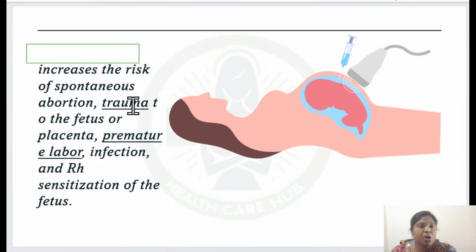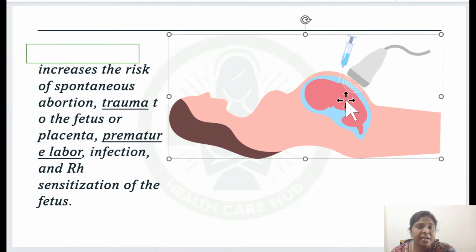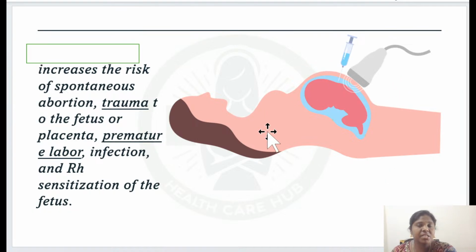Dash increases the risk of spontaneous abortion, trauma to the fetus or placenta, premature labor, infection and RH sensitization of the fetus. See here, you can see the image, right? Previously I showed this image for one particular procedure. So, what is this procedure? In previous slides we have discussed this.